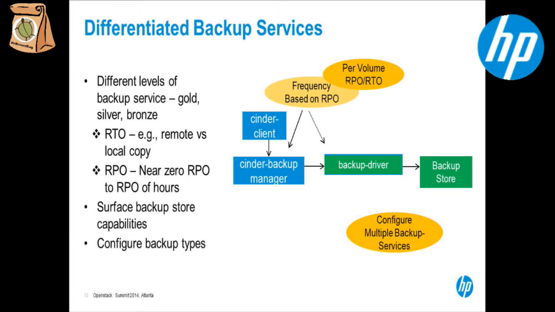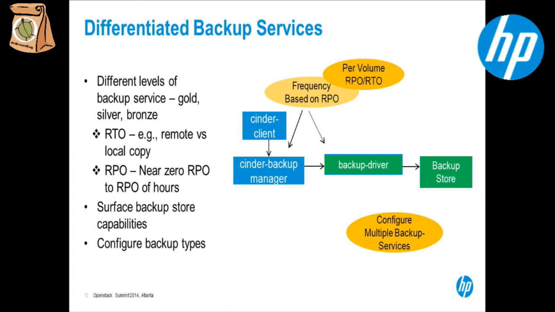Finally, when it comes to Cinder volume, differentiated volume types are realized by having support for multiple backends. Similarly, when it comes to backup, we might need differentiated backup services where you have different levels, like gold, silver, and bronze, of backup services, depending on how quickly you want the recovery to be, how often you want the recovery to be, and all that.